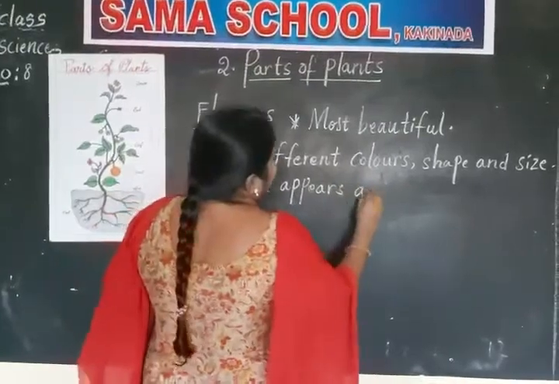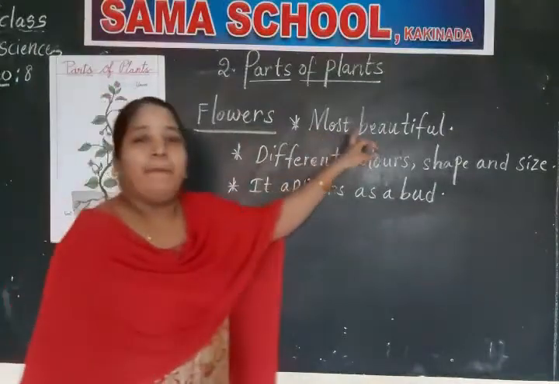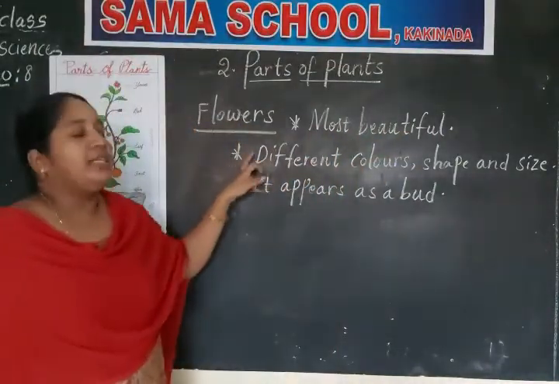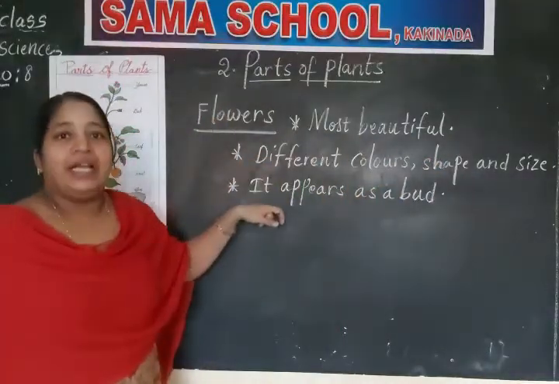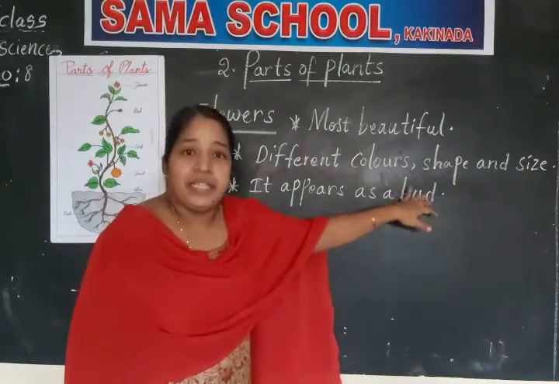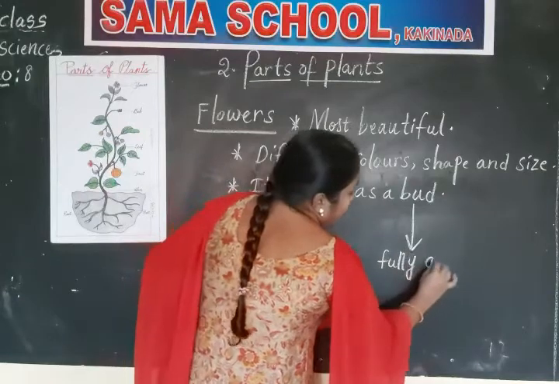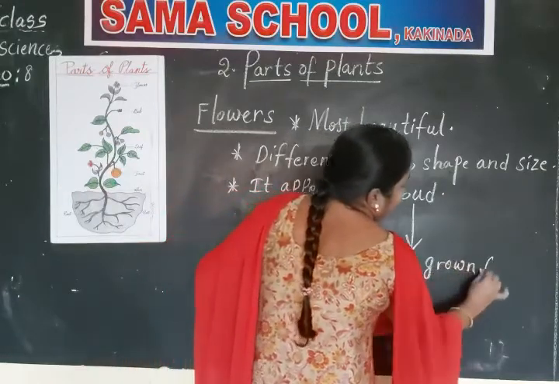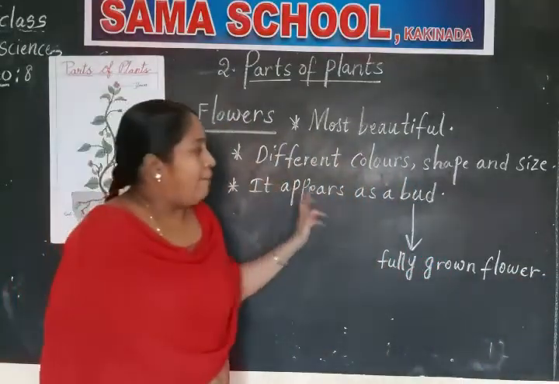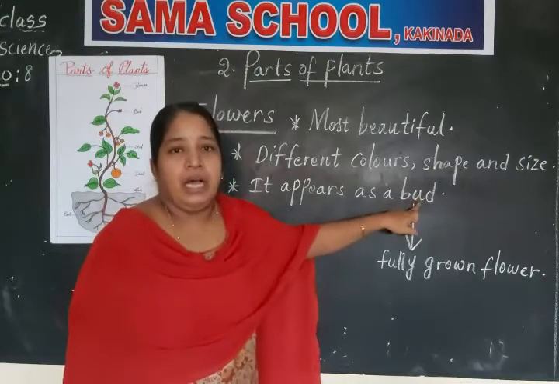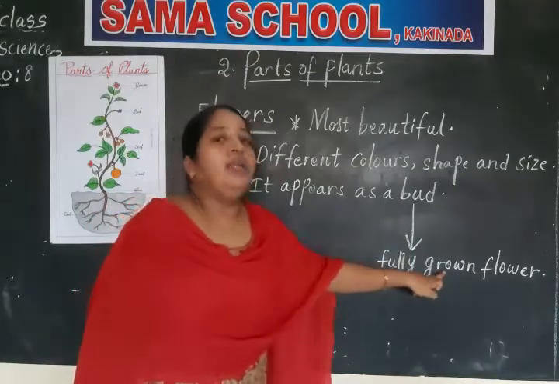It is the most beautiful part of a plant, and it occurs in different colors, shapes and sizes. In Telugu we say mogga, and that bud changes into a fully grown flower.